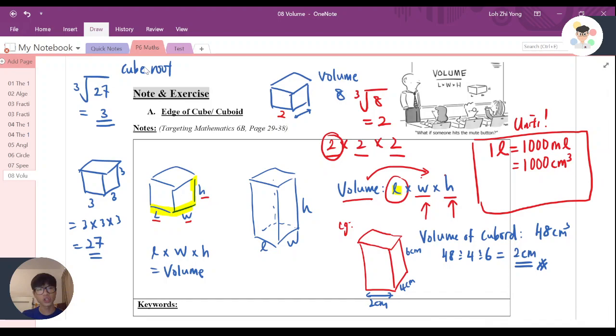Which means that, in conclusion, 1 ml is equal to 1 cm cube. So in the exam, very, very important, you need to straight away notice that 1 ml is equal to 1 cm cube.